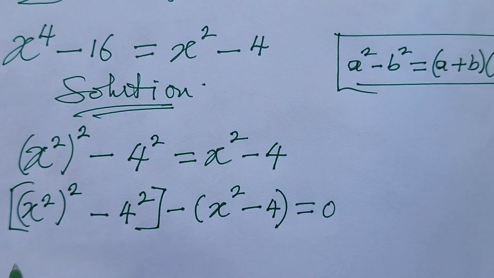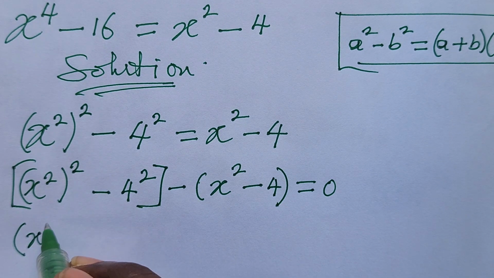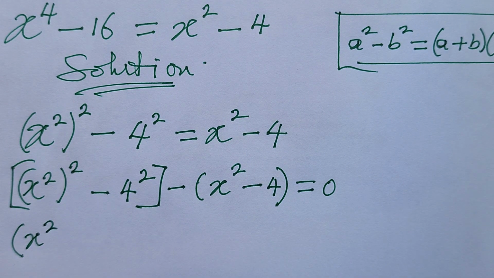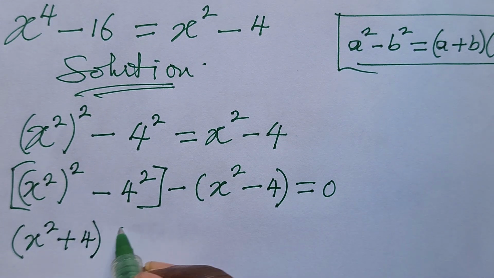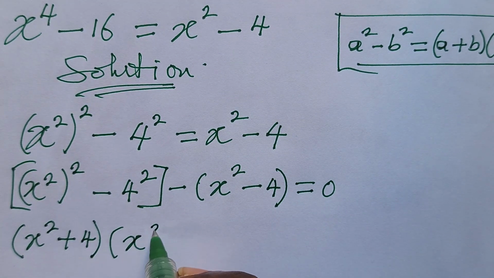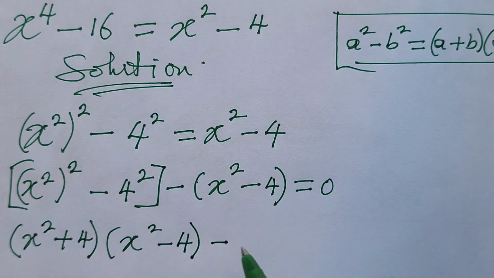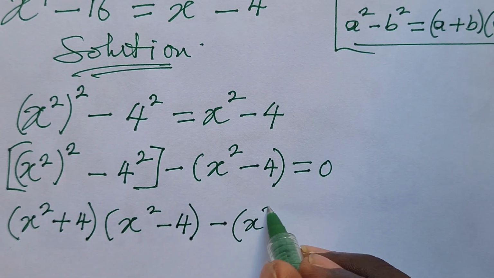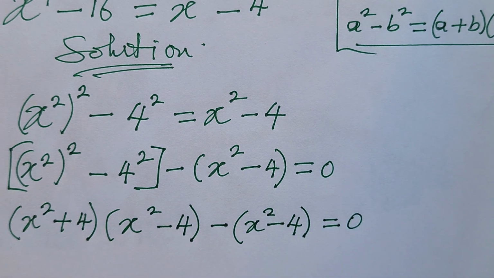So this is going to give us bracket open, x to the power of 2, right? So there plus 4 close bracket, then bracket x to the power of 2 minus 4 close bracket, then minus x to the power of 2 minus 4 close bracket, everything equal to 0.